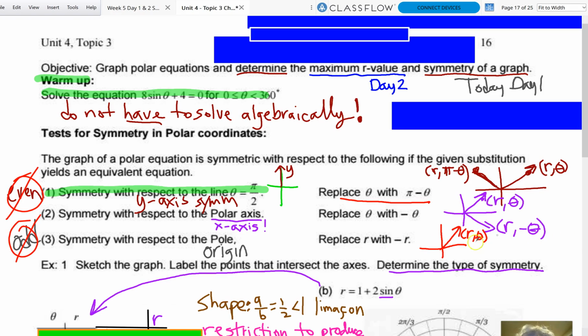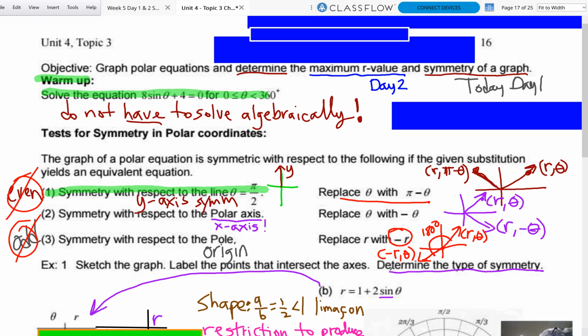And now this one says replace r with negative r. Remember, with negative r, you're going to go in the opposite direction. This is a 180-degree turn to create negative r, theta. Or I guess it's, must be pi plus theta.